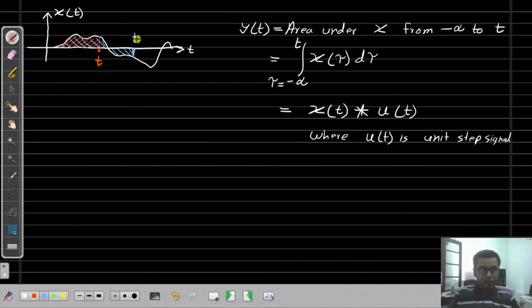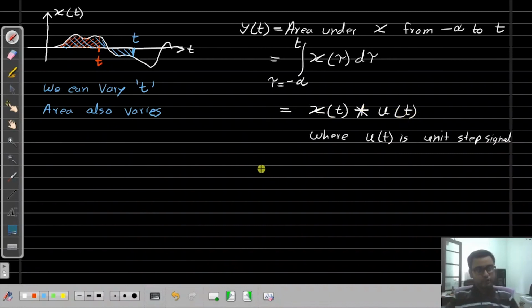So you can vary this time t, and therefore the area will also vary. And we can plot the area as a function of time t. That area as a function of time is given as x star u of t.